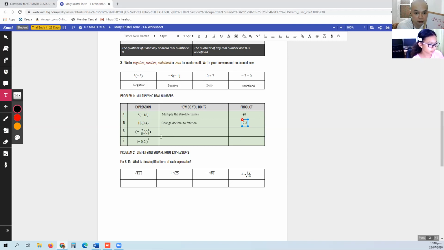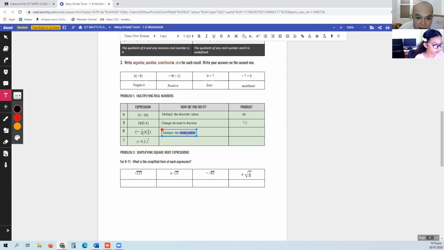Okay, now multiply the numerators. The numerators.